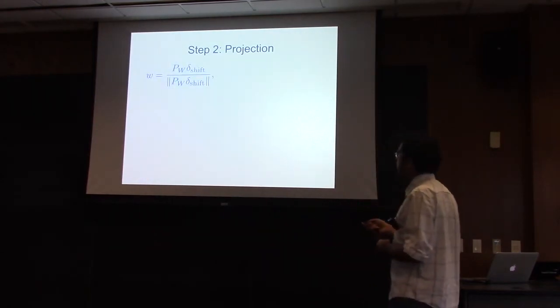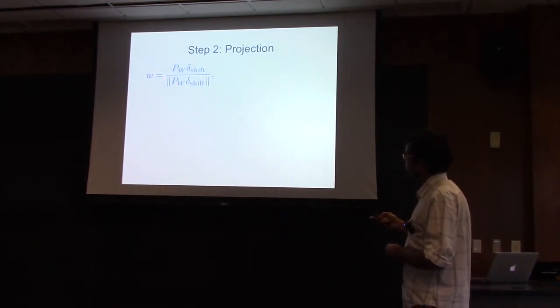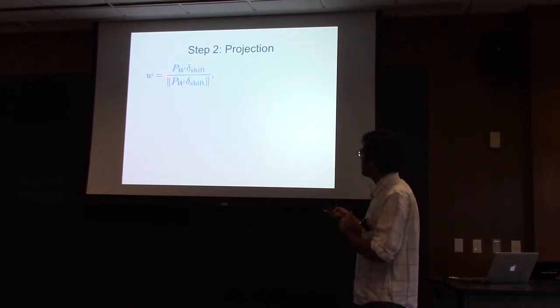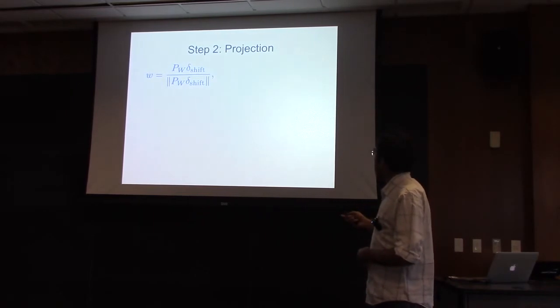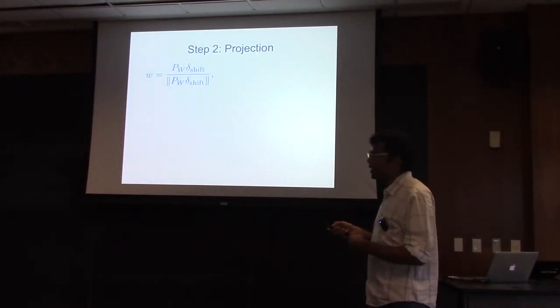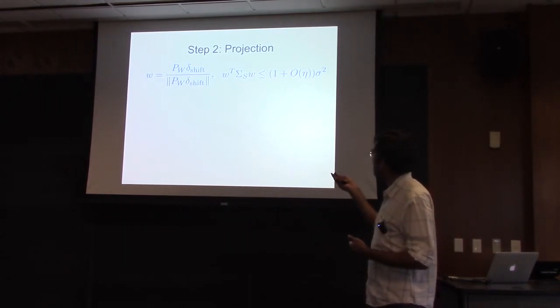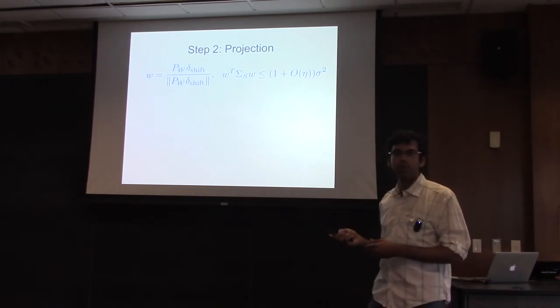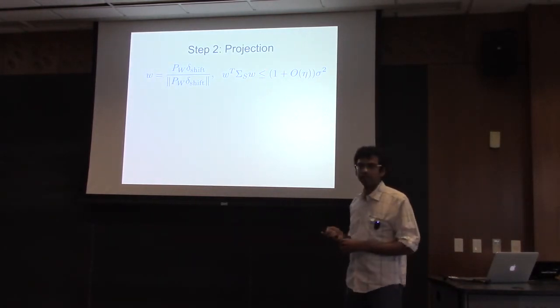Why? So let's look at the projected vector. Look at delta shift and project it onto the bottom n over 2 space. And since we know a bound on the n over 2th eigenvalue, the Rayleigh quotient of W, this quadratic form, is at most sigma square plus order eta sigma square, just because it lies in the bottom n over 2 eigenspace.